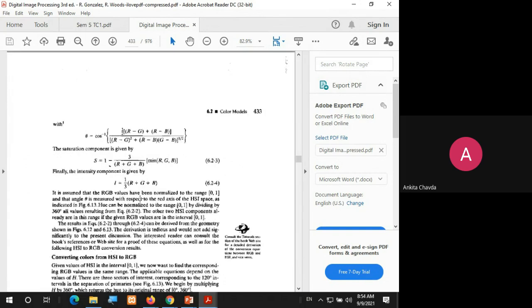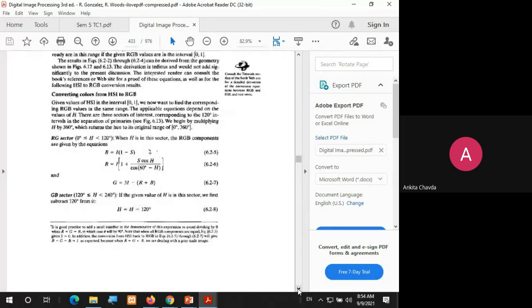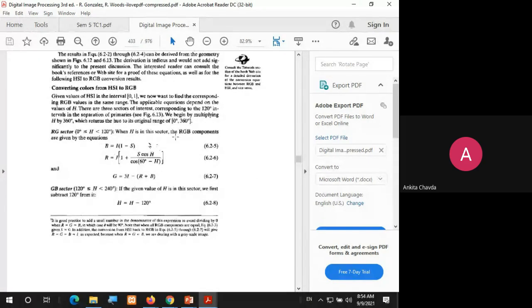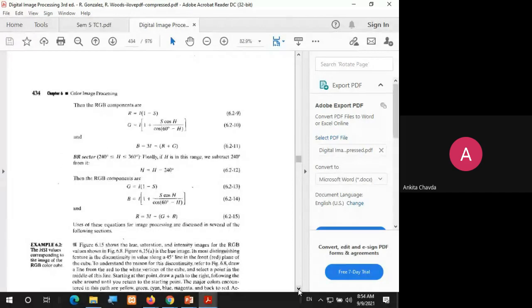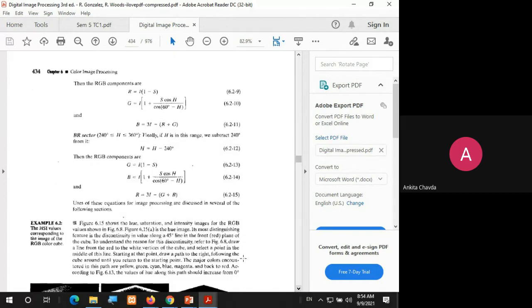In the same way, if you are converting from HSI to RGB, you have this many formulas. B equals this, R equals this, G equals this. Then you are calculating the RGB components again, based on that HSI model. If your H is minus 240 degrees, because you are considering the BR sector, that is from 240 to 360 degrees.